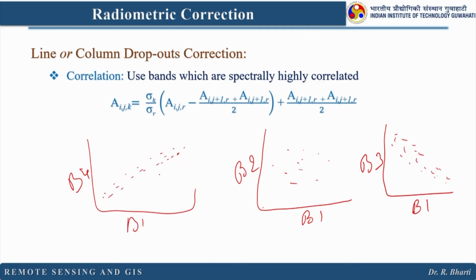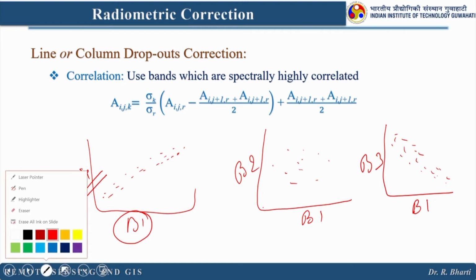So it is better to use the line or column value from this particular B4 to replace the bad lines which are there in B1. This is the concept when we are going for correlation.